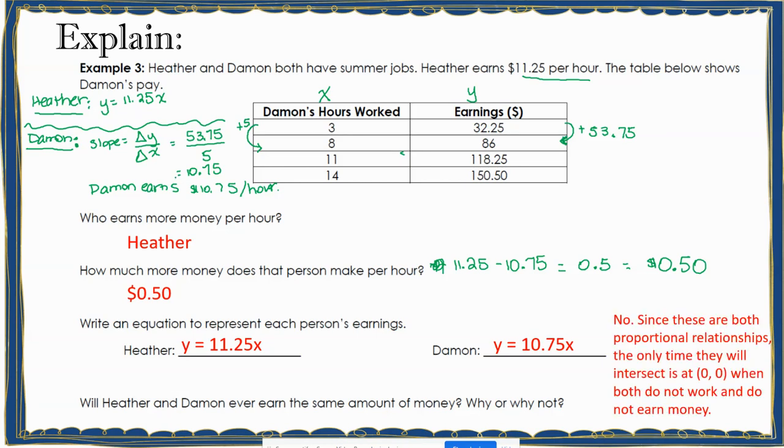So we're going to say no, since these are both proportional relationships, the only time that they will intersect is at 0, 0, when both do not work and both do not earn money. So there will never be an amount of time other than 0 hours when they make the same amount of money.